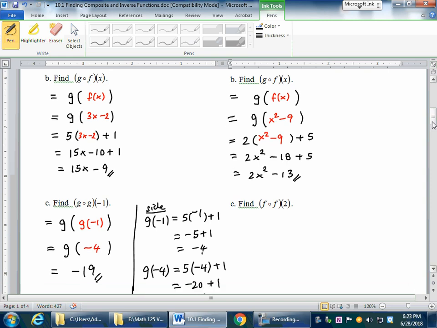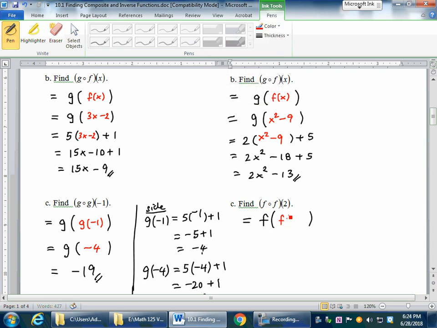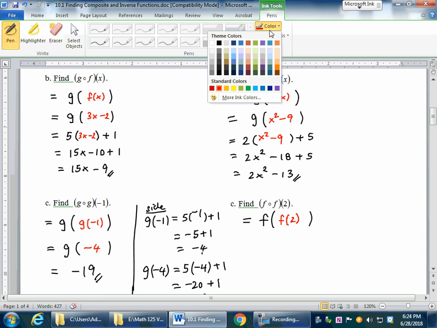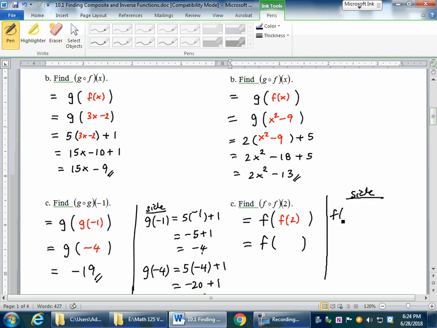Lastly, I want you to find f compose f of 2. So that means the f function, and the input is the f function evaluating at 2. Like before, I'm going to compute f of 2 on the side work so that the format will be nice and neat.